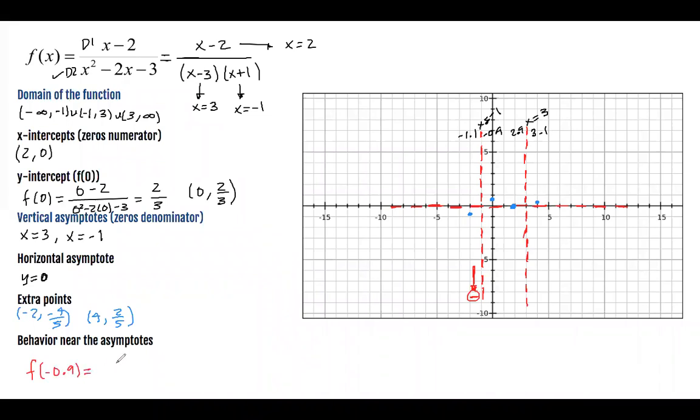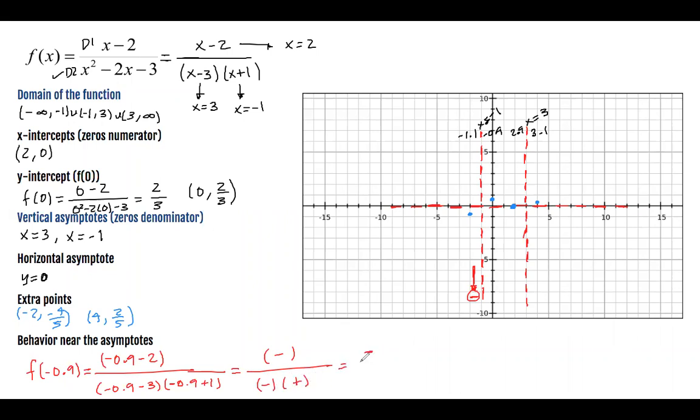So we get -0.9 minus 2, divided by (-0.9 minus 3) times (-0.9 plus 1). The numerator is negative, the first factor below is also negative, but the last is positive.